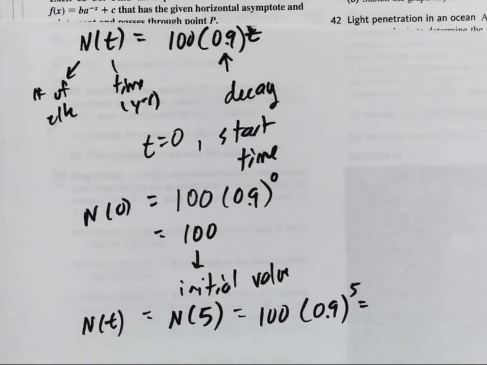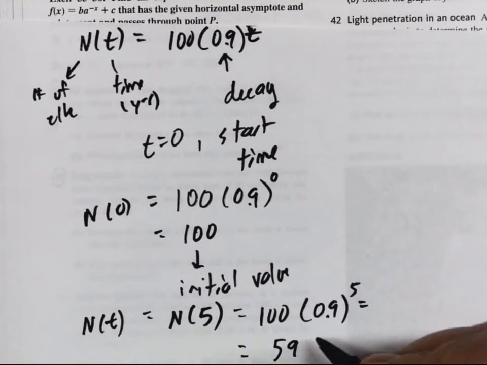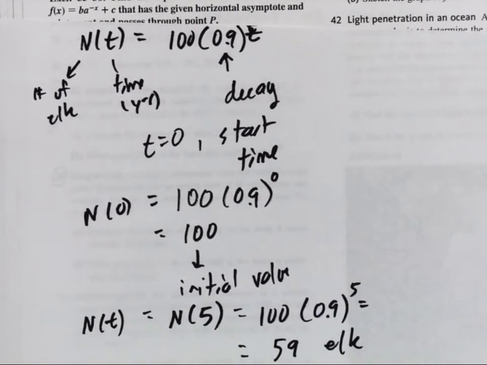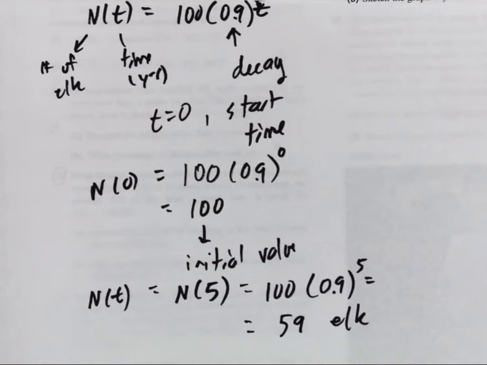That looks like it's 0.590. Then I take that times 100. Looks like there are 59 elk. The actual number is 59.049, but I rounded it to 59 elk. All right, so that is a decay problem. We began with 100, we're down to 59. So the number is decaying, the number is dropping.